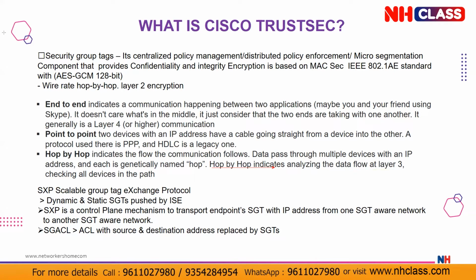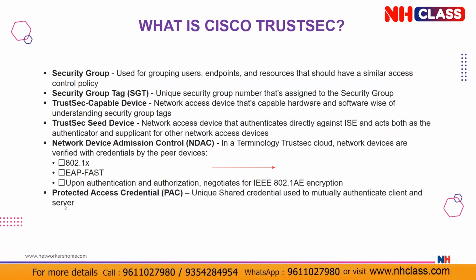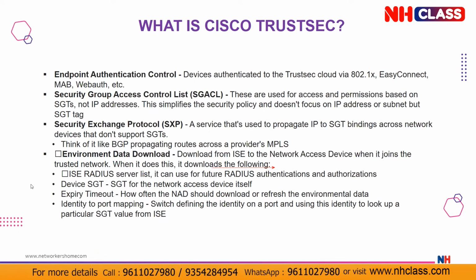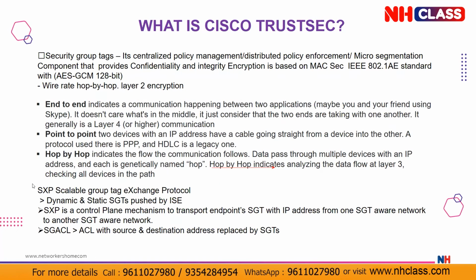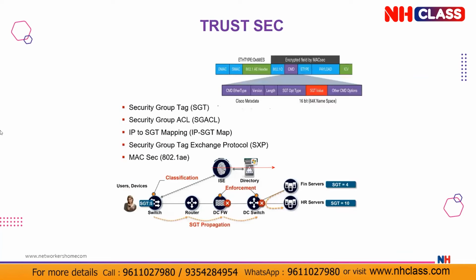This is the example that I showed you in the previous picture. If you see the previous picture, let me just go back to it. Here, you can see we have a host, and this host wants to communicate with the server. In between, you can see multiple devices, like a switch communicating with the router, communicating through the firewall, again communicating via a switch.